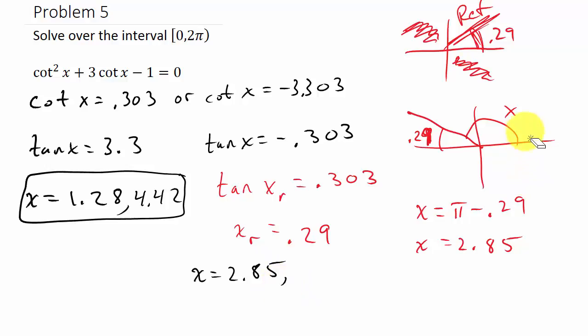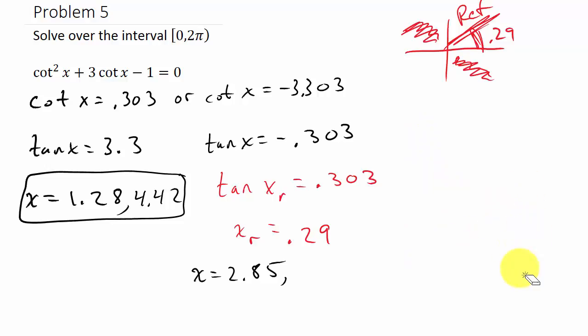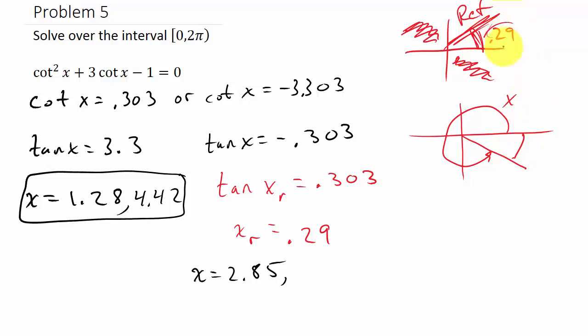Alright, so now let's erase this so we'll have some room. And let's find our fourth quadrant angle. There's x. I'm going to use my reference angle, 0.29.